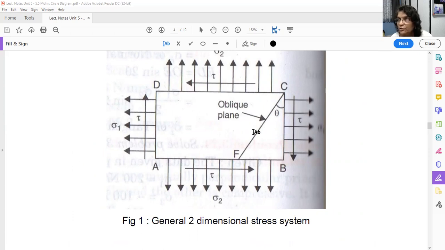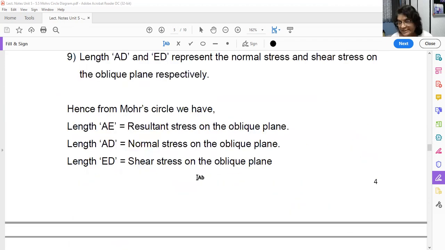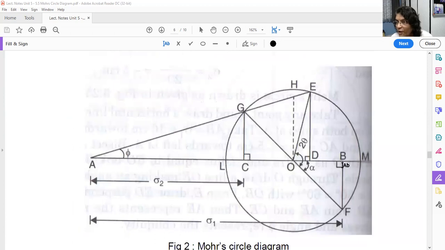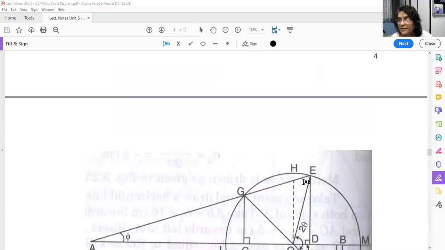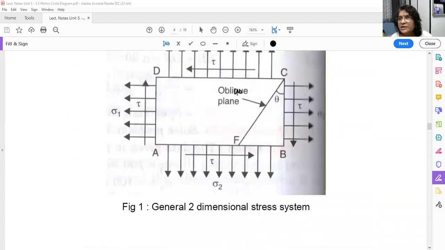Tau is the shear stress, so it is to be drawn along the y-axis. From B, draw a line perpendicular, along the y-axis below, because of the movement produced by these shear stresses. Shear stresses acting on CB and AD: this is upward, this is downward, so this will produce clockwise movement.